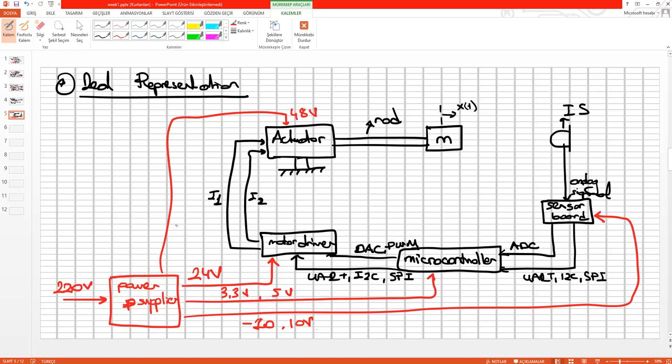So this is the real representation of the system, but as an engineer, we will also deal with theoretical calculations based on the system dynamics and other theory.